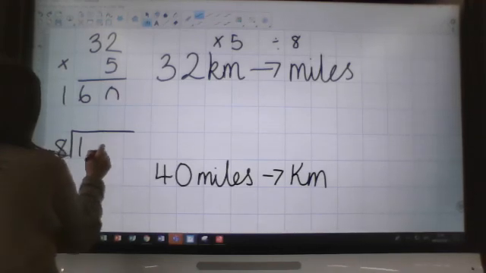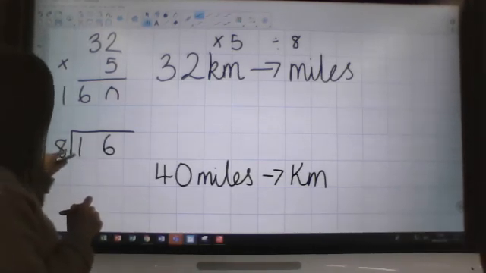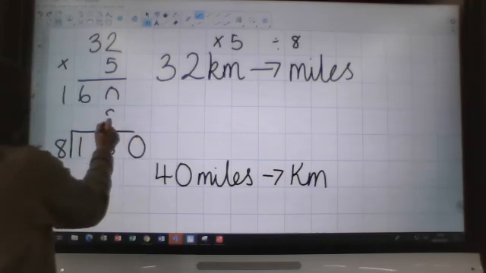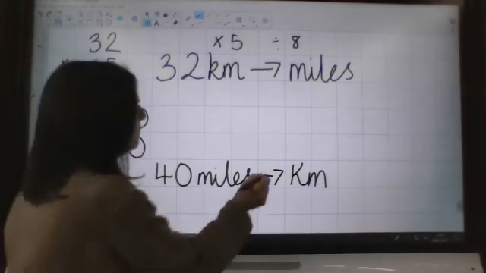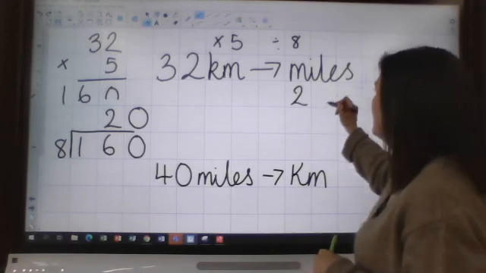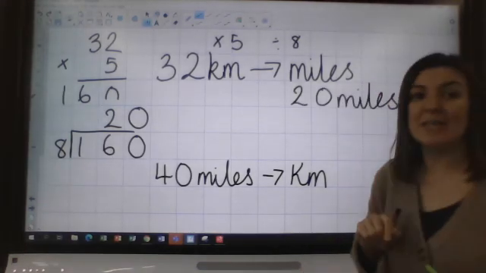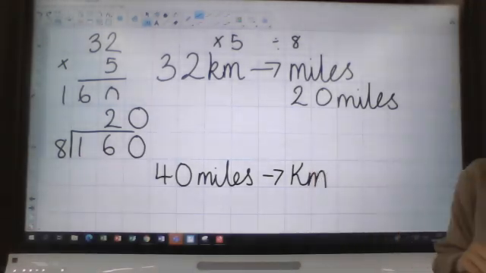Actually, I could use my times tables here. So 8 into 16 I know is 2. And then put my 0 back on. So it would be 20 miles. Okay, so see how you did in your book.